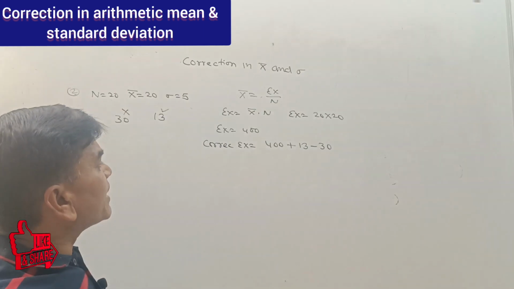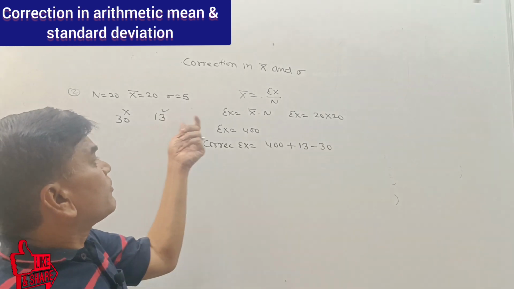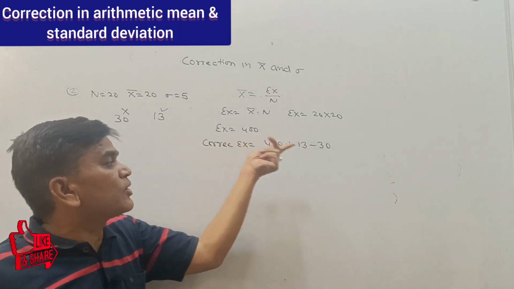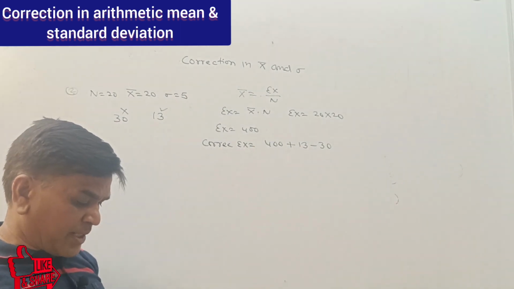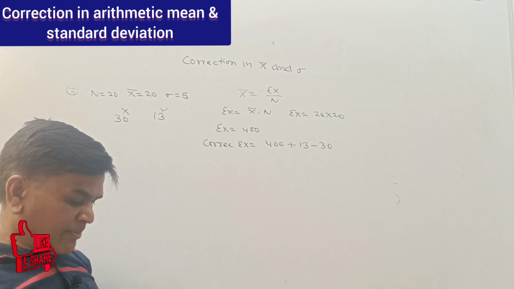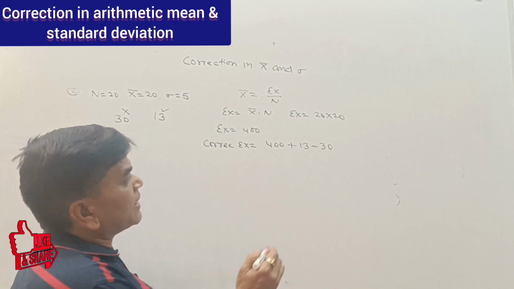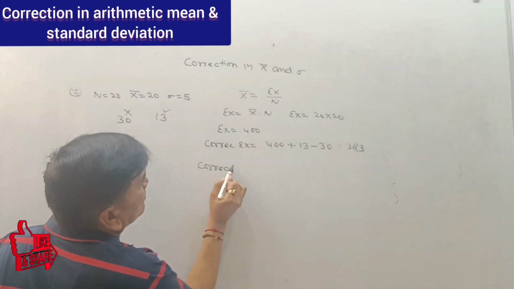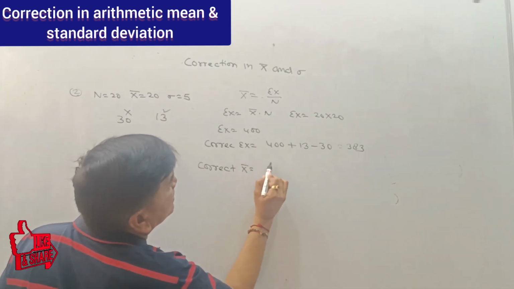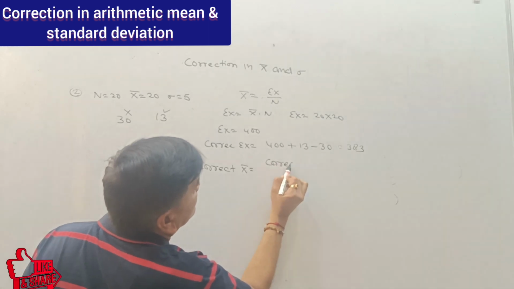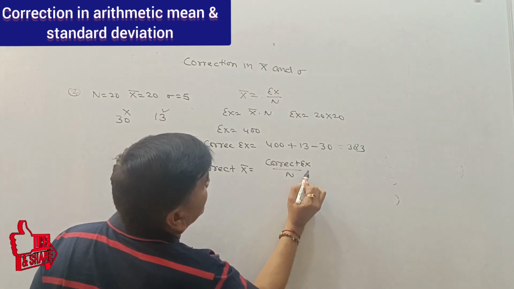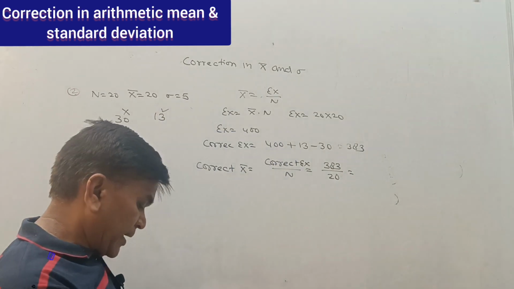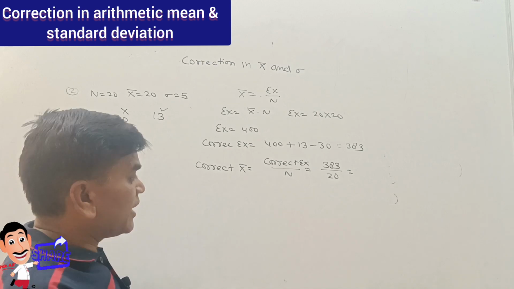For getting correct sigma x, 400 was the sigma x, we added the correct value and subtracted the wrong value. So 400 plus 13 minus 30 is 383. Correct x bar is correct sigma x divided by n, that is 383 divided by 20. So the correct value of arithmetic mean is 19.15.